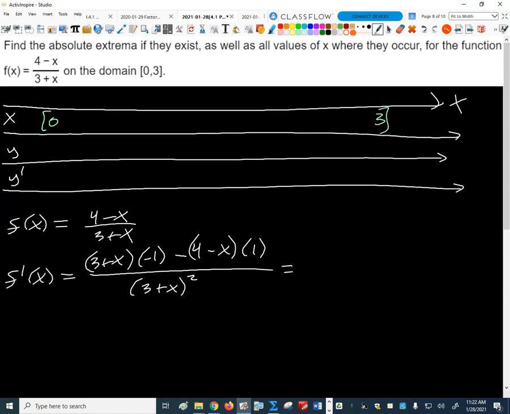When all the dust settles, I get -3 minus x minus 4 plus x, so that's going to give me -7 over the quantity 3 plus x squared. Correct? Type in chat if I made a mistake there. Okay, we're good. I'm getting some thumbs up.